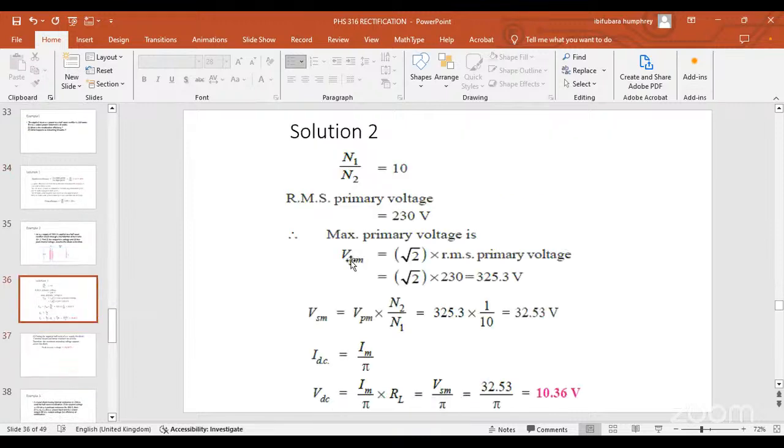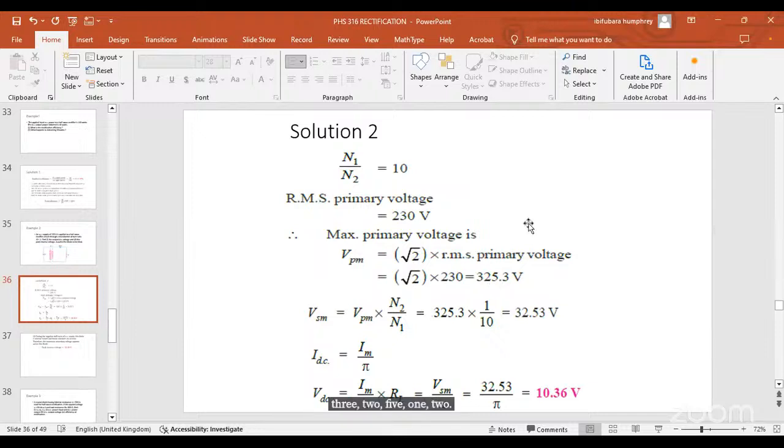So our Vmax on the primary side is equal to square root of 2 times the main supply Vrms value. So that gives us 325.2.